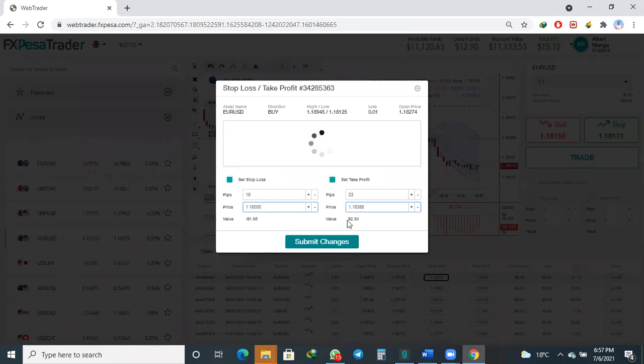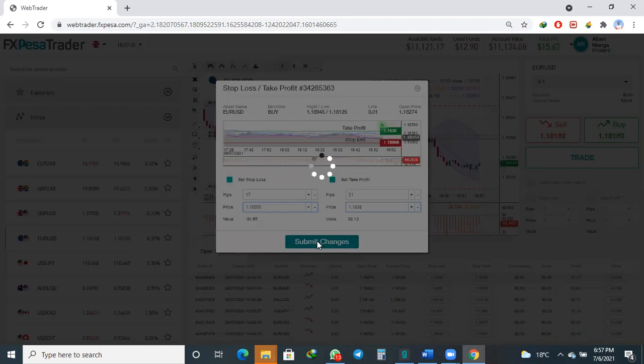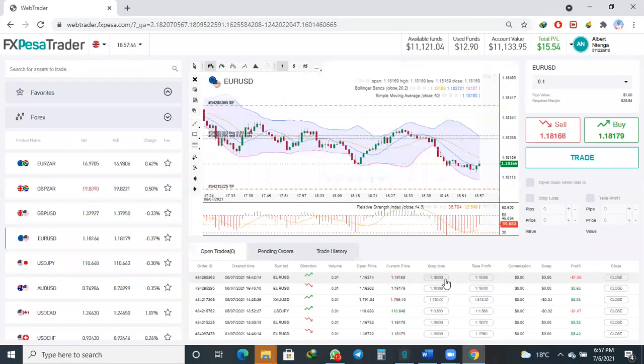Let me edit the take profit to be 1838, and then you click on submit changes, after you have edited both the take profit and the stop loss, whichever you wanted to edit. When you submit changes, it just happens automatically.